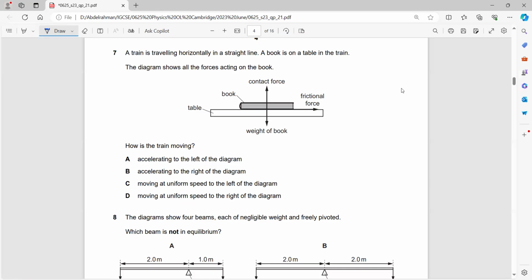The train would definitely move to the right of the diagram, because it is now accelerating to the right, and there's a frictional force to the right.